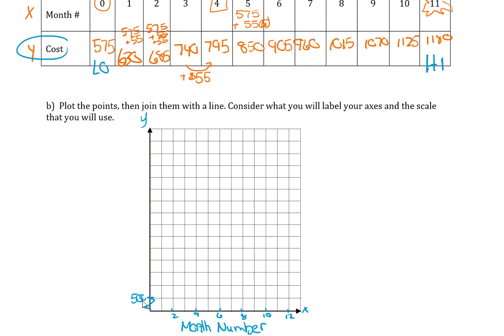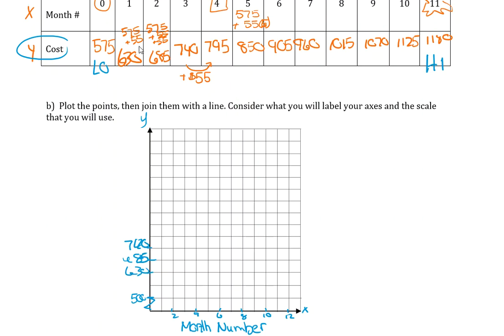Now you could have just made this a 575 and counted by all these numbers because they're going up evenly, but we're going to do different things later in the year where the numbers aren't going to go up evenly. If we get in the habit of just using all these numbers, for example, 630 there, then 685, then 740, that will not help us with all the other stuff we have to graph.